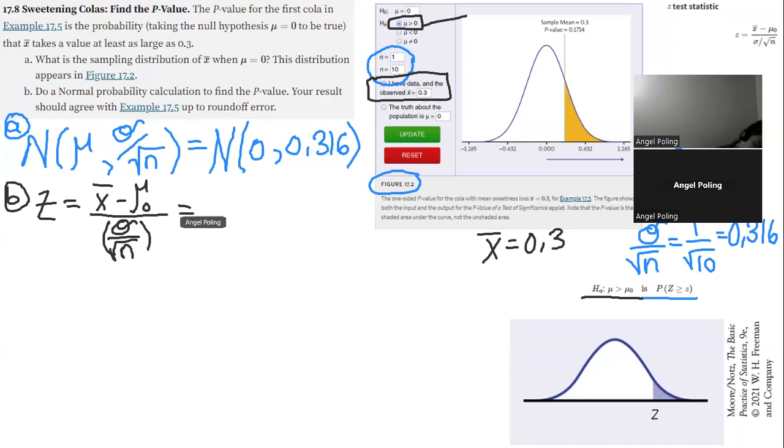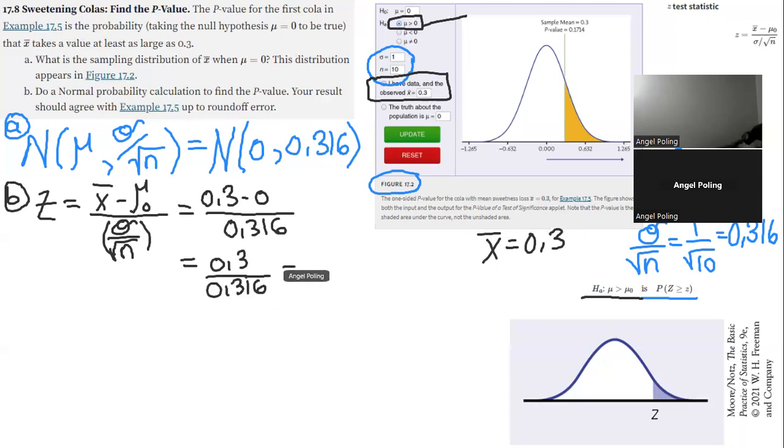And now we can fill out the z-score. 0.3, take away 0, divide by 0.316. That gives me a value that I can then use to find the z-score, because I have to round to the nearest two digits.